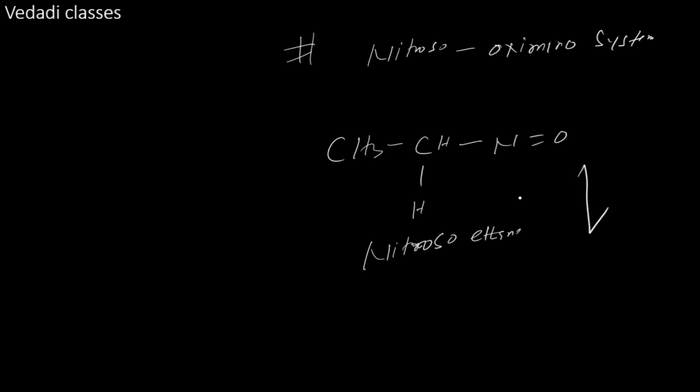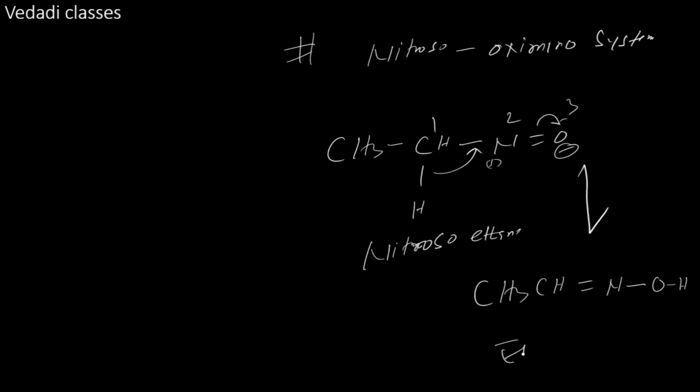When it forms like this, how many atoms: first atom, second, third, a 1,3 migration will take place, so it will form a double bond, this is the negative charge, and to compensate this the hydrogen will form a double bond over here. So it will be CH3 CH double bond N, this oxygen will have OH, and this hydrogen will come over here, so it will be NOH. So this is what we call ethanal oxime.